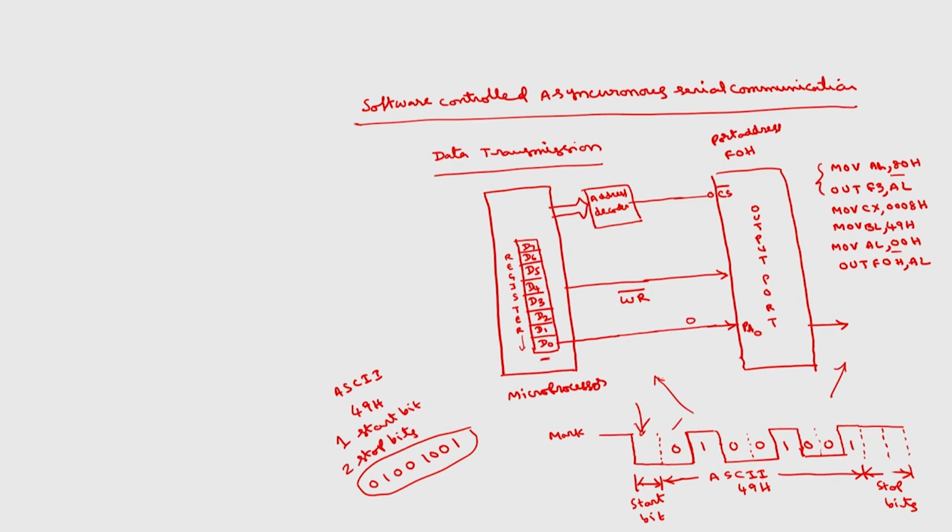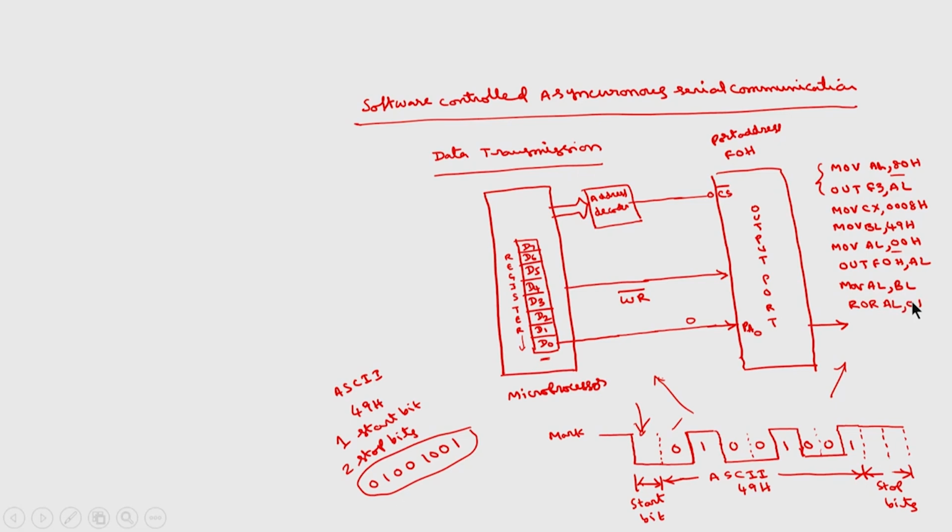Then you have to transmit the first bit of BL onto the output port. For that, I will take the BL contents into AL, MOV AL, BL, so that AL will be having 49H, rotate right AL by 1 bit.